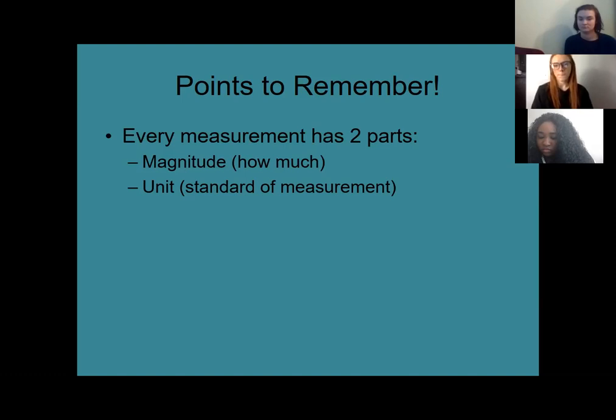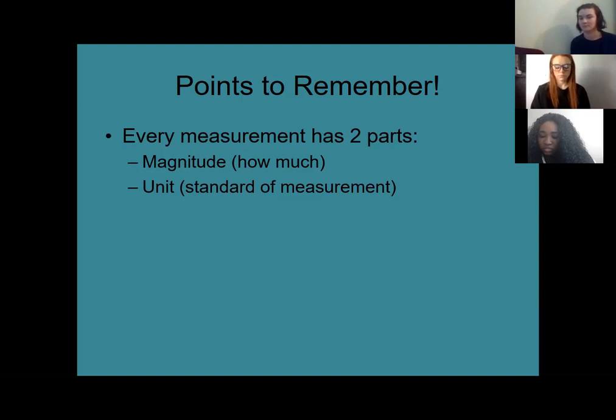Okay, 5 what? Do you live 5 minutes from campus? 5 miles? 5 kilometers? 5 days? If you have no unit, the magnitude is meaningless because I can't interpret your answer.